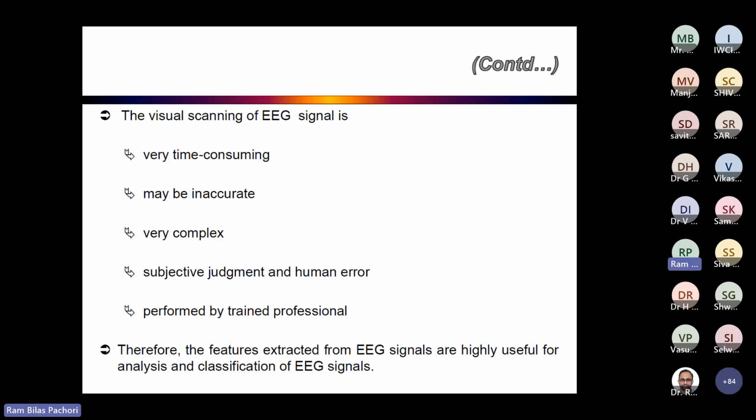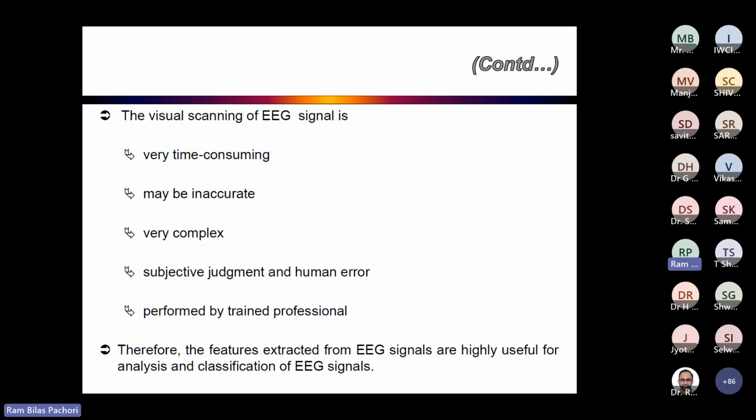And what doctors generally do in hospitals is perform visual scanning of EEG signals. We record EEG signals from the subject with an electrode cap, and we print these EEG signal waveforms on paper. Doctors then visually scan that paper, and on that basis they perform the diagnosis of brain diseases.